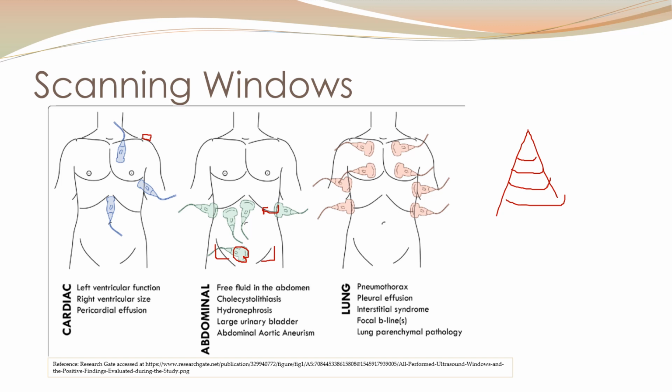So just placing the transducer in that costophrenic angle area, we can look for this artifact, and it can really help us out. That's one of the best windows to do that from. But you can look in other areas as well, kind of following it around, checking towards the mediastinum, checking at different lobes of the lungs, and even towards the apex.